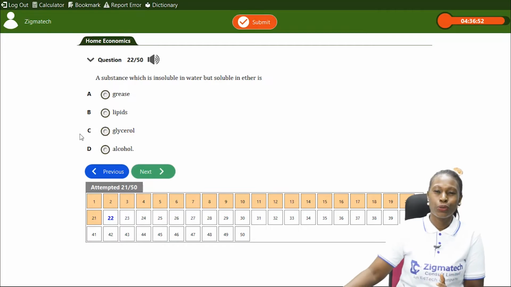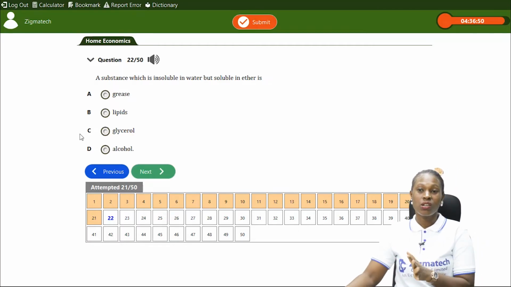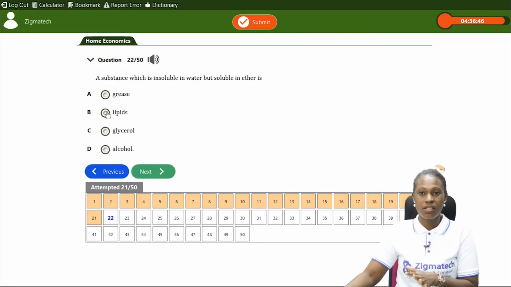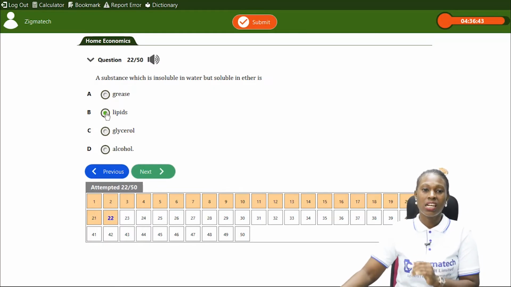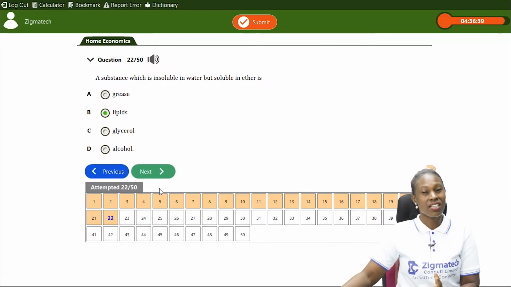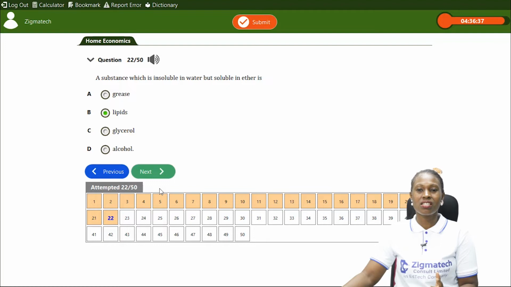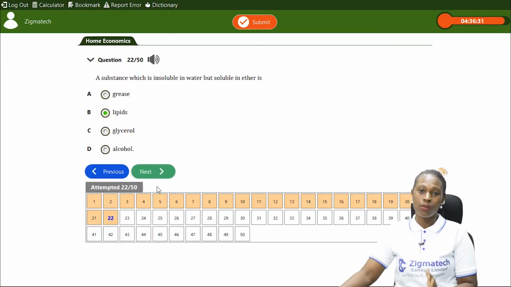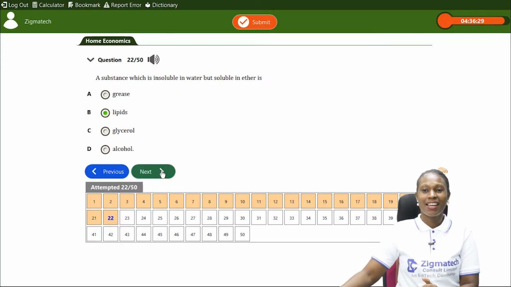So that's just to put it simply. Now a substance which is insoluble in water but soluble in oil is lipids. They are referred to as what? Lipids. Now examples of lipids are your fats, grease, oil, wax. All these are examples of lipids. So they are not soluble, they are insoluble in water. Let's look at the next question.